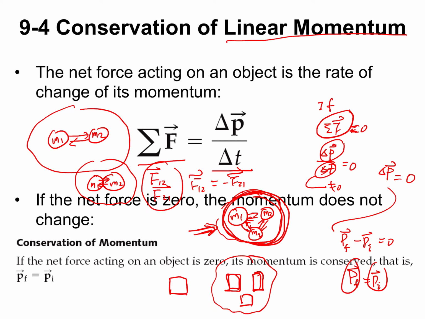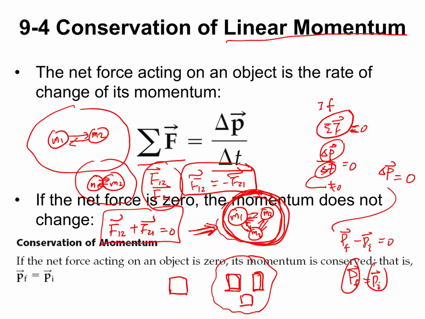M1 provides force on M2, meanwhile M2 provides force on M1. Force is a vector, so you can add them together, and because they have the same magnitude and opposite direction, the sum is 0.